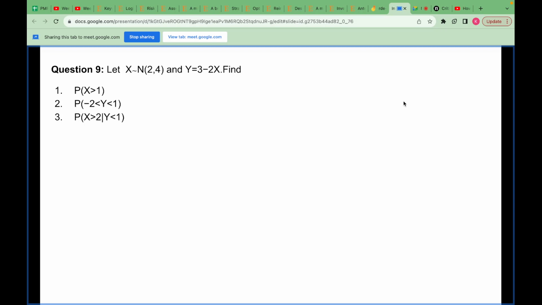It is given that x is normally distributed with mean 2 and standard deviation 4, and we need to find all three things, and y is given as 3 minus 2x.